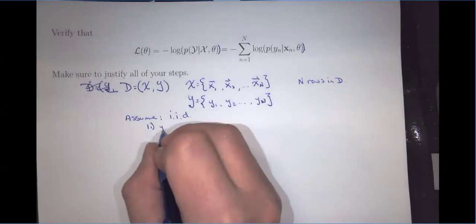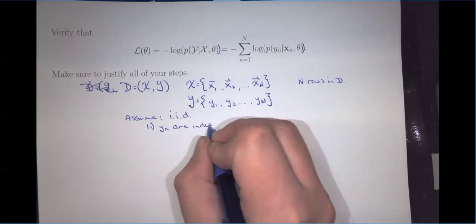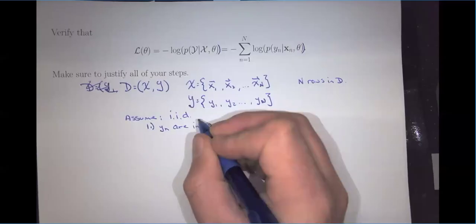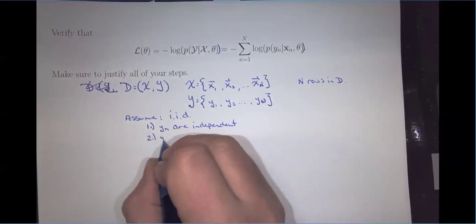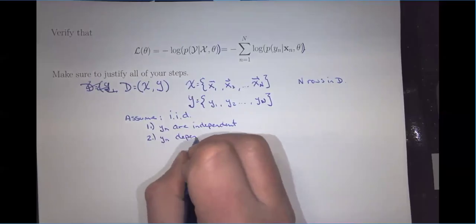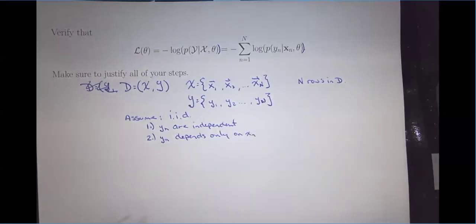So the Yn's are independent. And that we assume that each Yn depends only on the Xn. So there's no cross dependence. For example, if our X's were time, there's no lag dependence or anything like that.